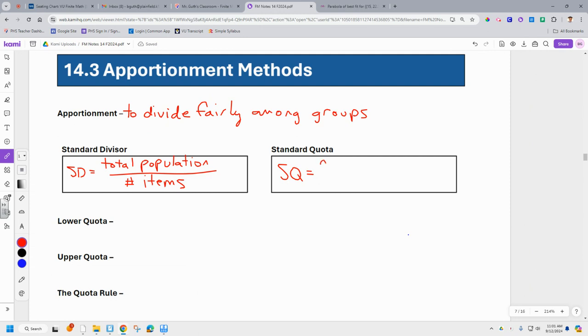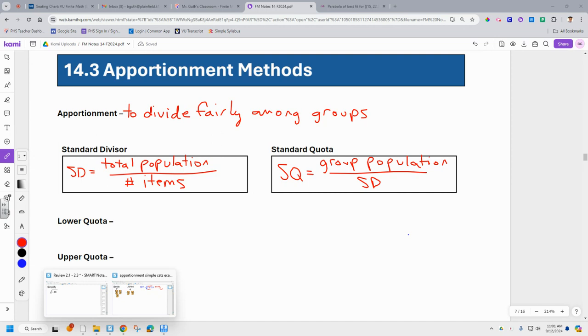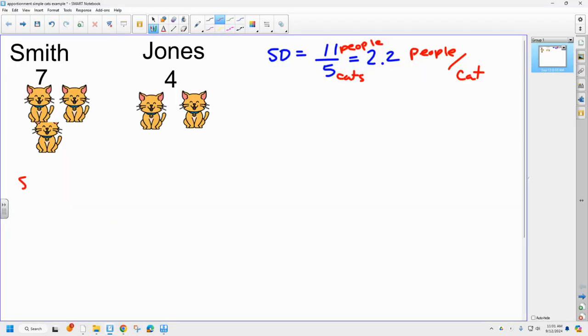Now the standard quota is the group population divided by the standard divisor. The population of each group divided by that standard divisor. So we go back to the cats again. 7 divided by 2.2 is about 3.18, and the Jones family had 4.